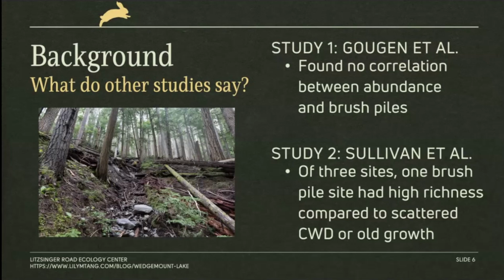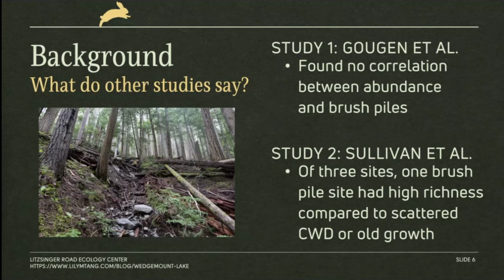And the study there said that a reason that this may have been is because there was too much coarse woody debris scattered throughout the property, that the ecosystem services that a brush pile would be able to provide was already provided by the coarse woody debris that was already there, to where they could hide around the nooks and crevices of the brush. And so study 2, which was Sullivan et al., studied 3 sites.